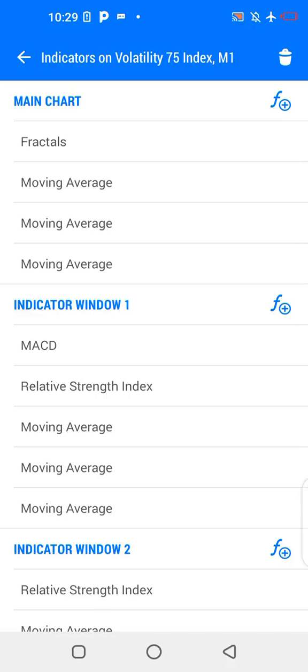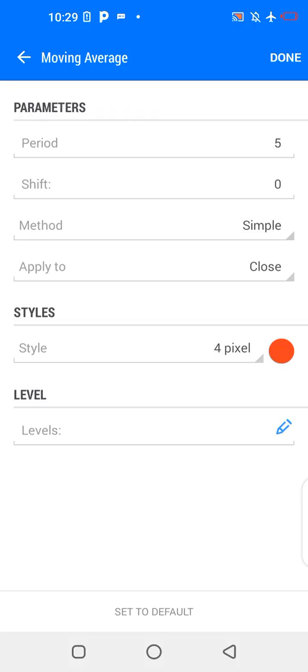Still on the main chart, the indicators on the main chart, I have a moving average, a 5-period moving average. The method is simple, I applied it to close, and the color is red.